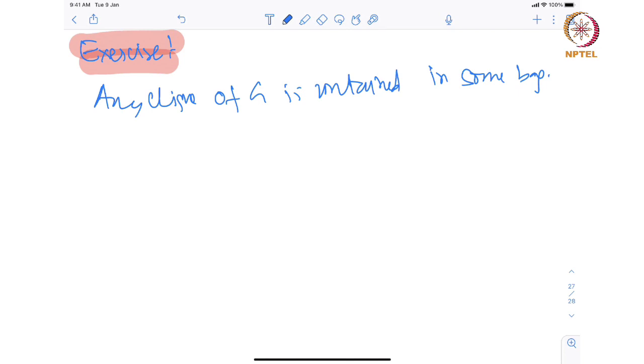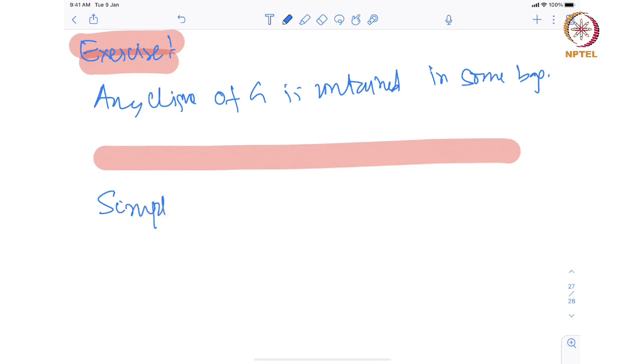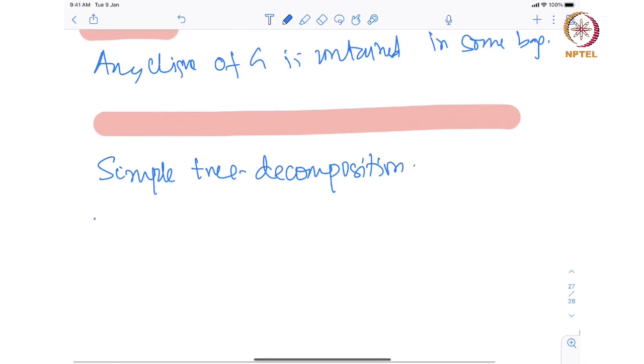The notion of simple tree decomposition. So what is the notion of simple tree decomposition?